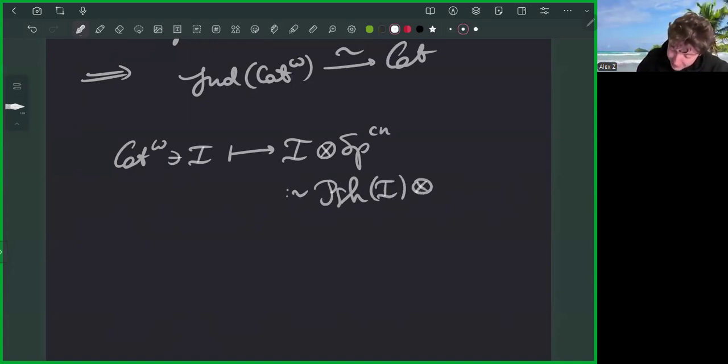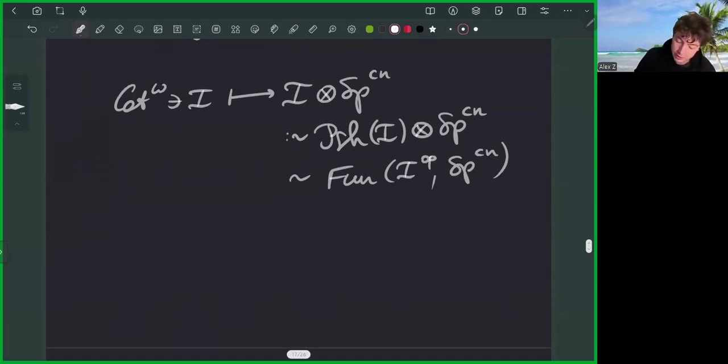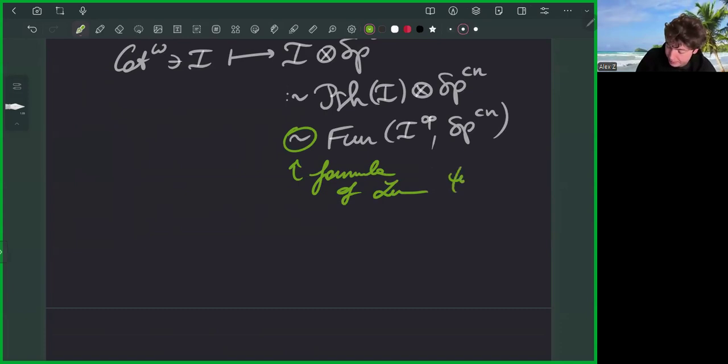Pre-sheaves on I is now a presentable category, and then we tensor with regards to the Lurie tensor product with connective spectra. But again, this is the same as just computing with the Lurie tensor product, so using the explicit formula, this is the same as functors from I up into SPCN. So this is just a formula of the Lurie tensor product.